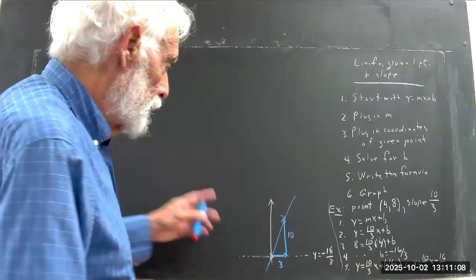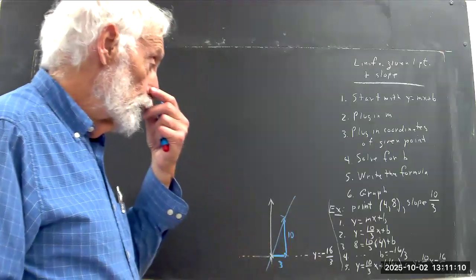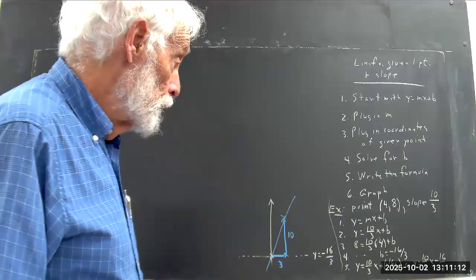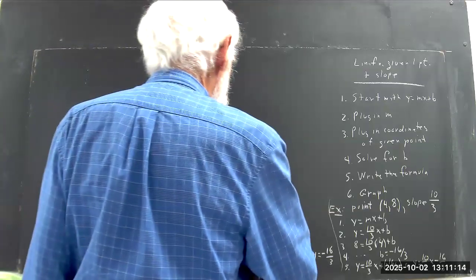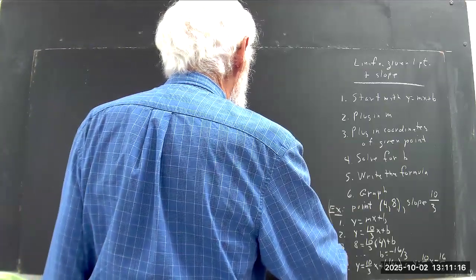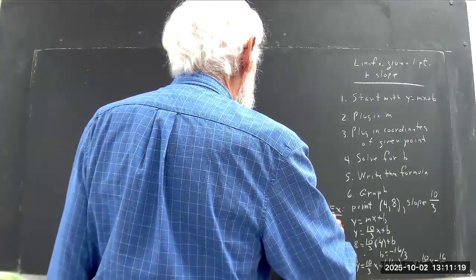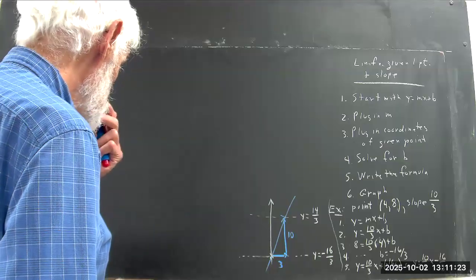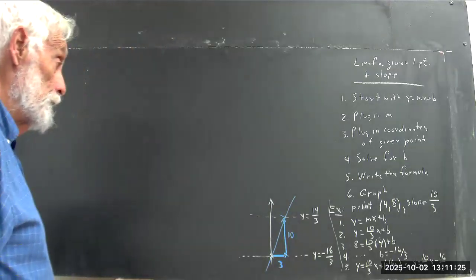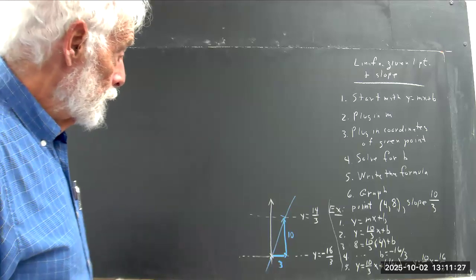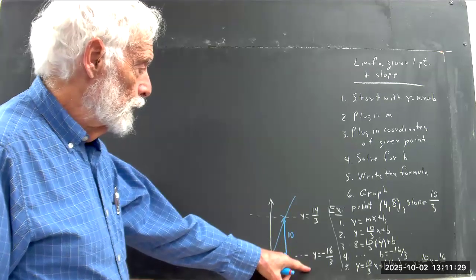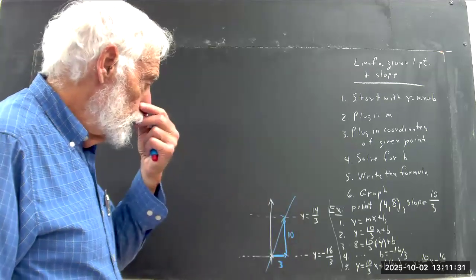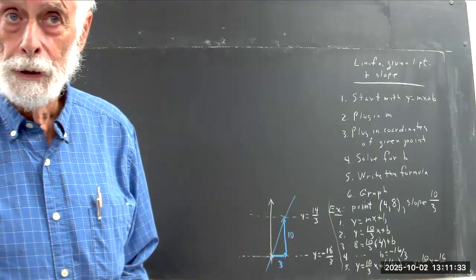Now, if you add 10 to -16/3, 10 is 30/3, so you're going to get y equals 14/3, if I did that correctly. And chances are that I did. Okay, so from -16/3 to 14/3, where's your x-axis going to be?